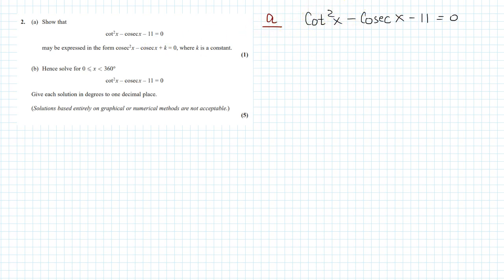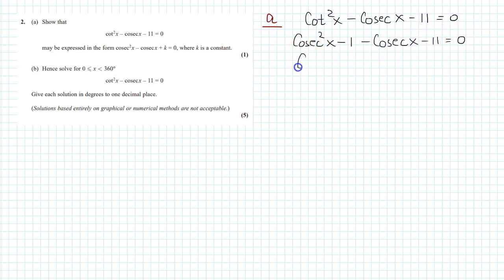Generally we change it into sine and cos, but because we want the answer in cosec x, we know that cosec squared x minus cot squared x is equal to 1. So cot squared x can be written as cosec squared x minus 1, minus cosec x minus 11 is equal to 0.